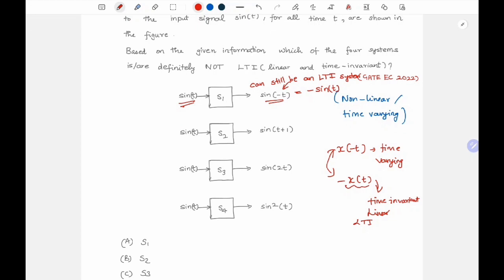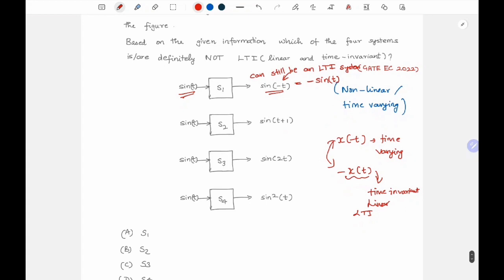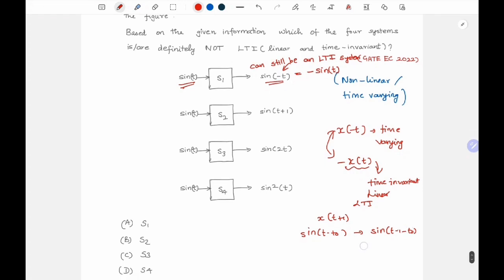So for the second case, sin t gives sin of t plus 1. So this is straightforward. This is something of the sort t plus 1, right? And if you take sin of t minus t naught, it is going to give sin of t minus t naught plus 1, which is actually equal to sin of t plus 1 minus t naught.